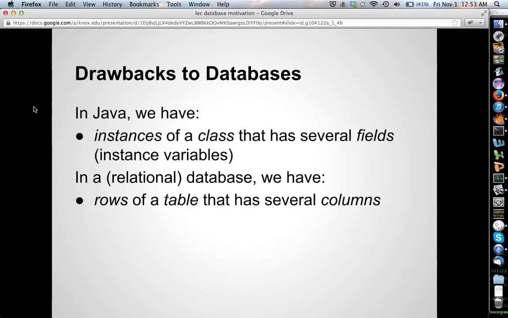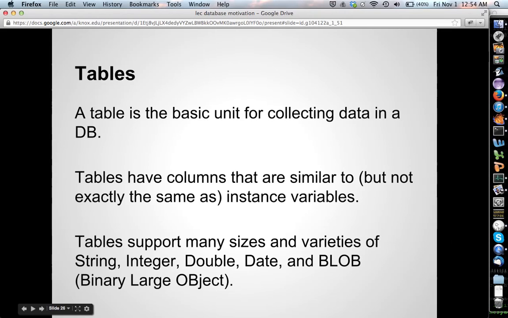So in Java, we have instances of a class that'll have several fields or instance variables. In a relational database, you have rows of a table that have several columns. So there's kind of a mapping between these ideas. Just a word about database types for a moment. A table is the basic unit for collecting data in a database.